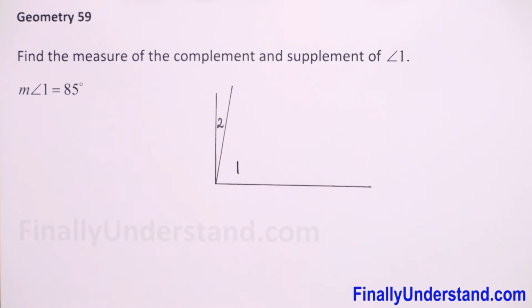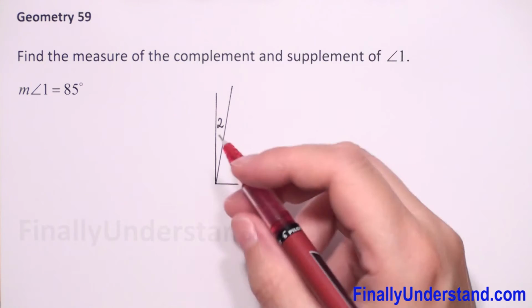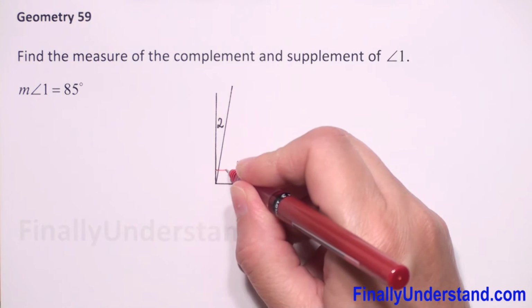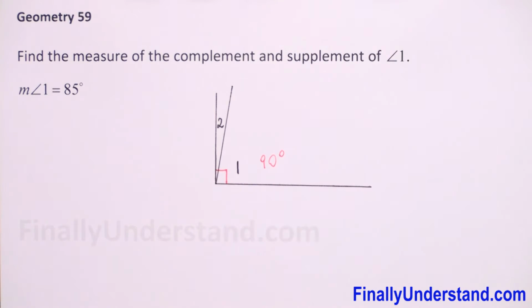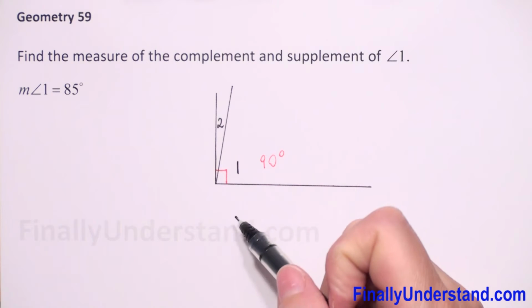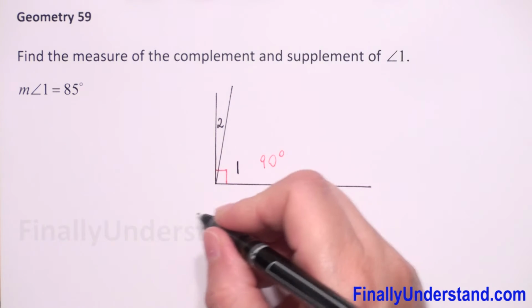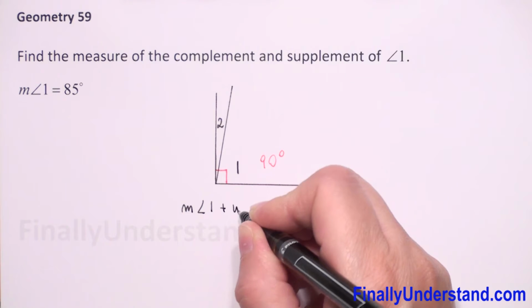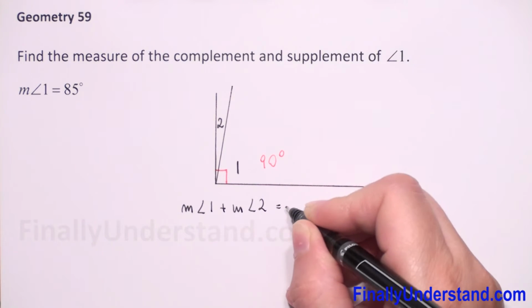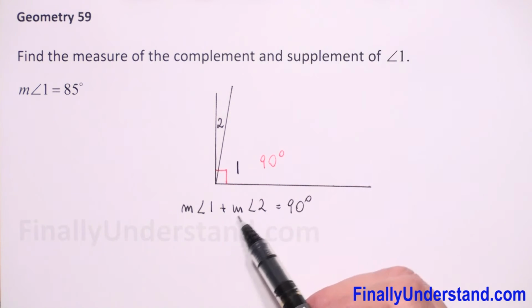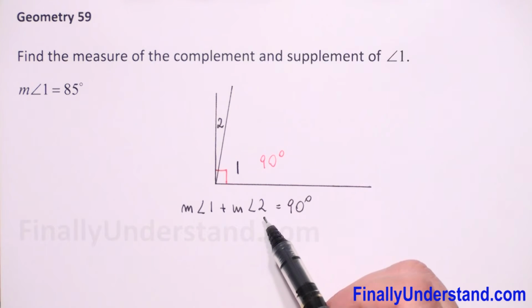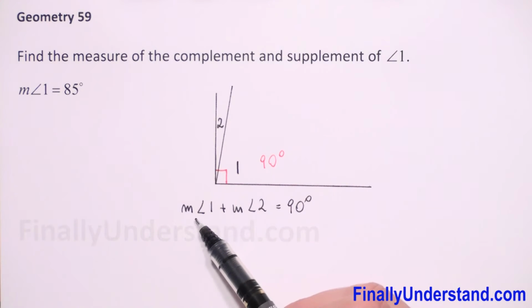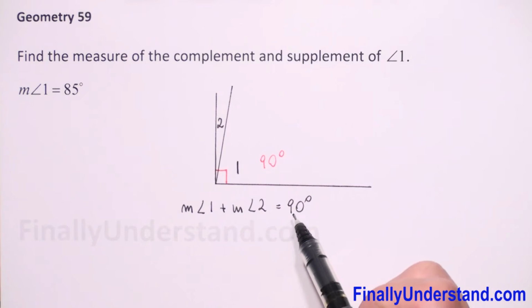So to find the measure of the complement of angle 1, let me put that this is our 90 degrees. So we can write the equation that the measure of angle 1 plus the measure of angle 2 must be 90 degrees. If angle 2 is the complement of angle 1, the sum of these two angles must be 90 degrees.